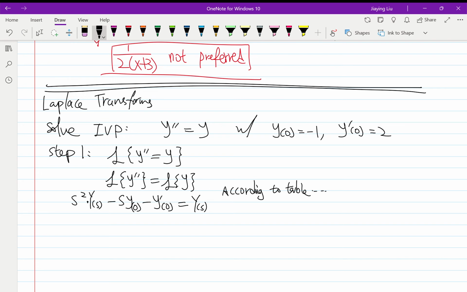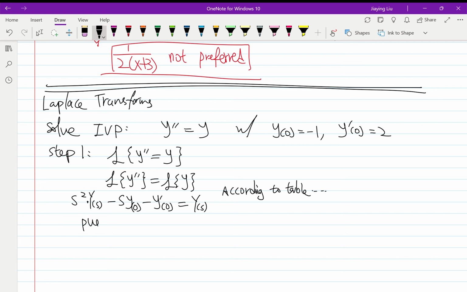So that's the first thing. Now when we take the Laplace transform, we get rid of the differential equation. There's no first or second derivative, just constants and a function of s, capital Y. So now we're going to plug in the initial conditions.